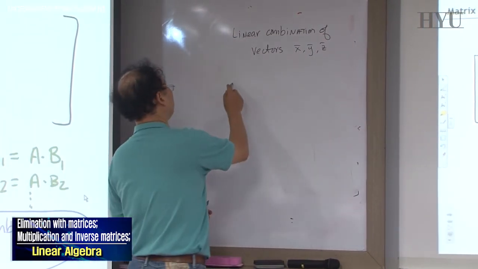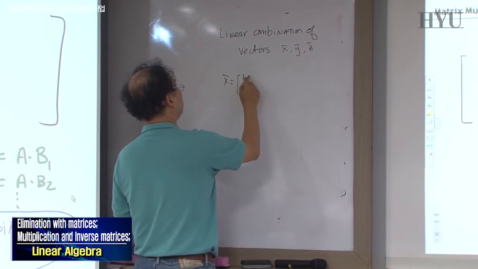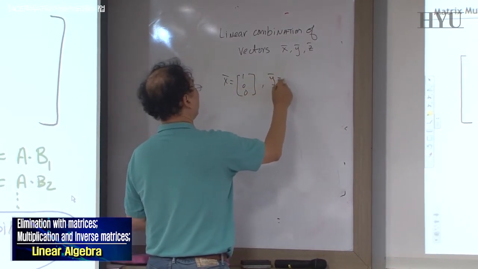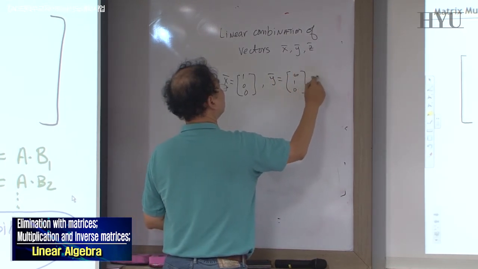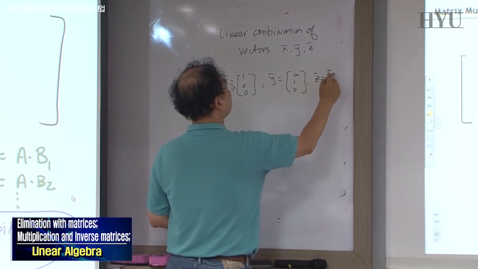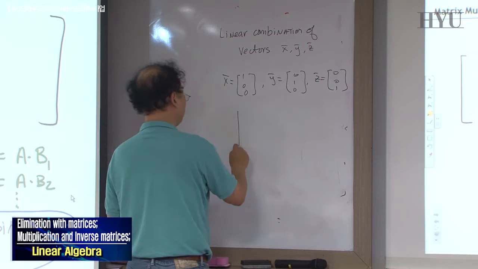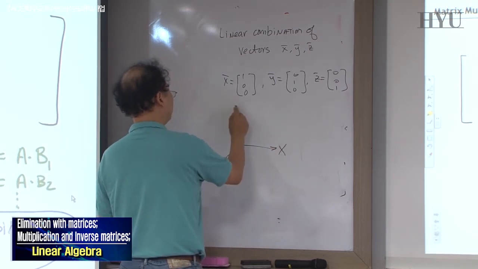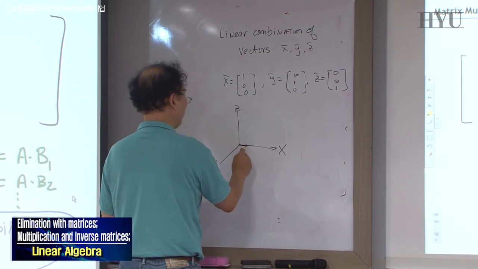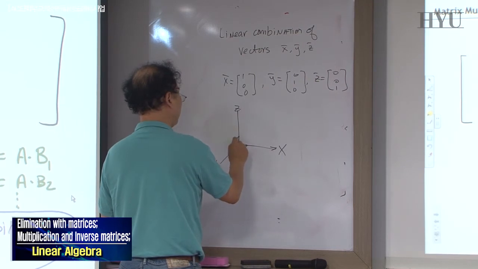Let's assume x hat is 1, 0, 0. y hat is 0, 1, 0. z hat is 0, 0, 1. This is more or less a unit vector. This is x hat, y hat, this is z hat.